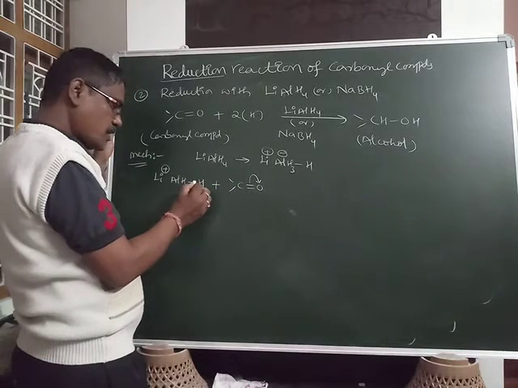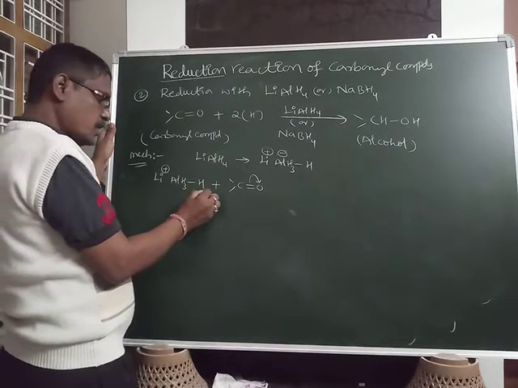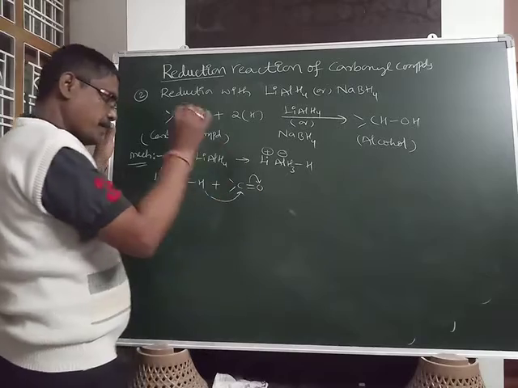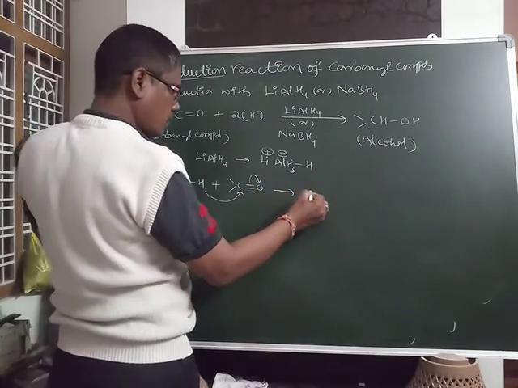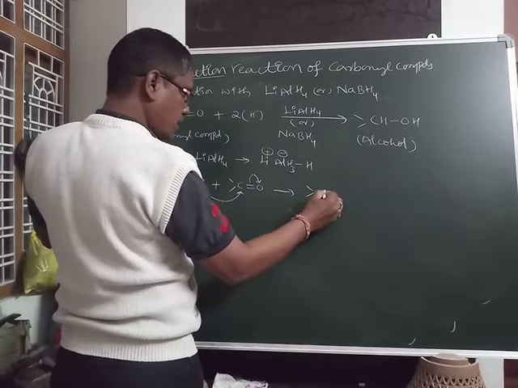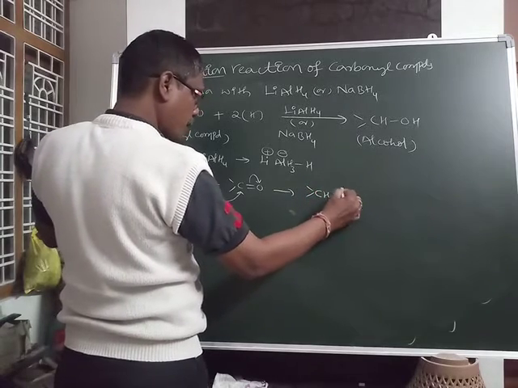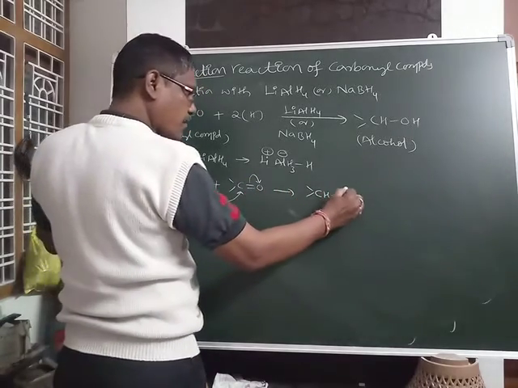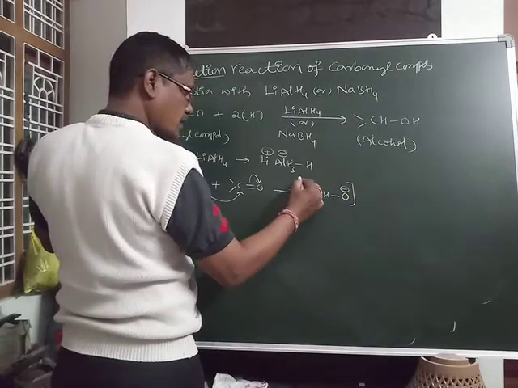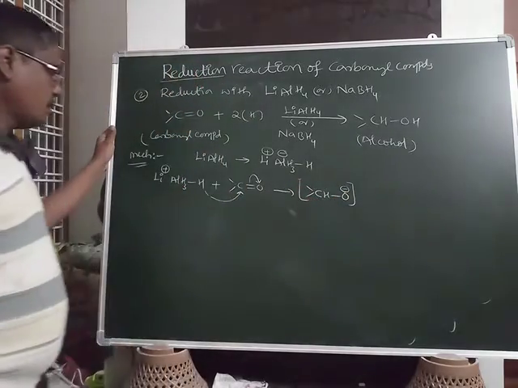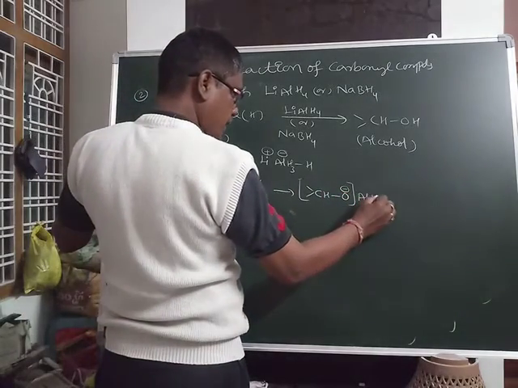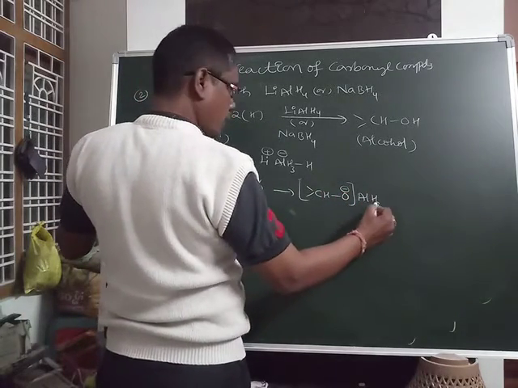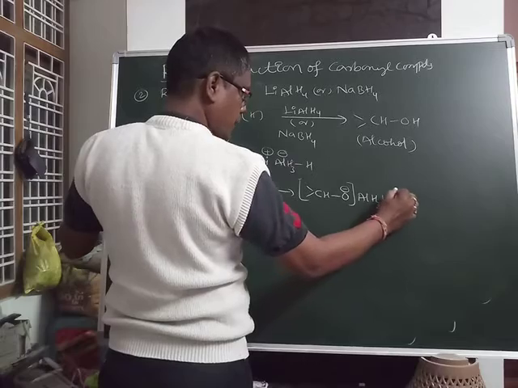The hydrogen shifts to this side and we obtain the oxygen with a minus charge. The remaining part is AlH3 Li plus.